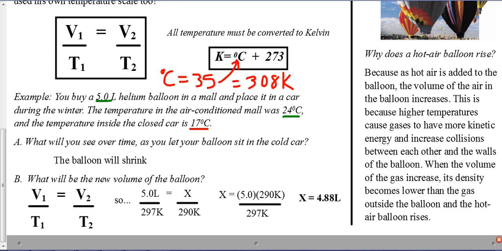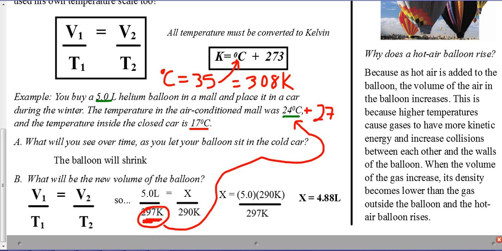So the initial volume, V1, is 5.0 liters. The initial temperature was, did you see what I did there? I put it in Kelvin. Remember, how did I get this number? I had to get this number in Kelvin. Well, what I did was I took 24 and I added 273. And then I also did the same thing for T2.